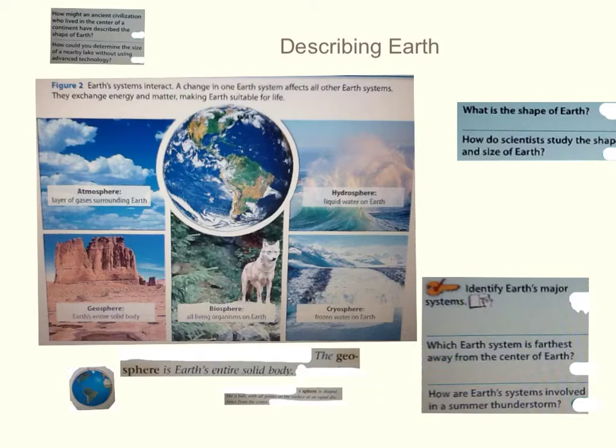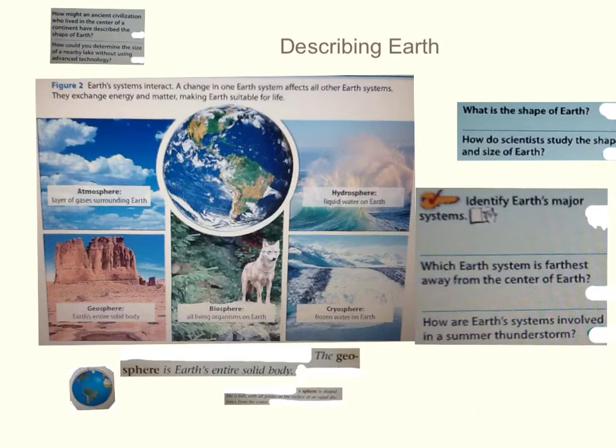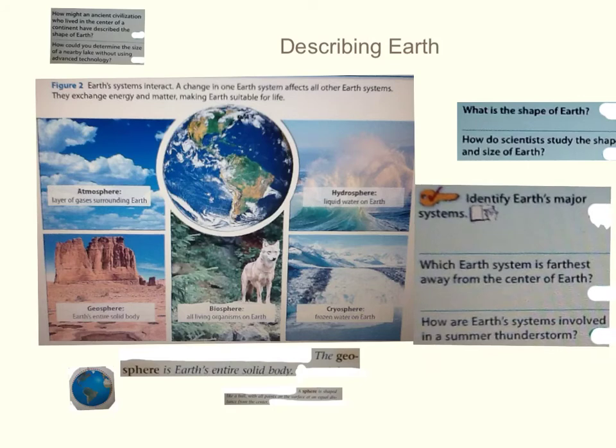1, 2, 3. Okay? Answer them in your science journal, interacting with this chart. So I want you to identify Earth's major systems. Using that chart, write it in your science journal and answer that question.